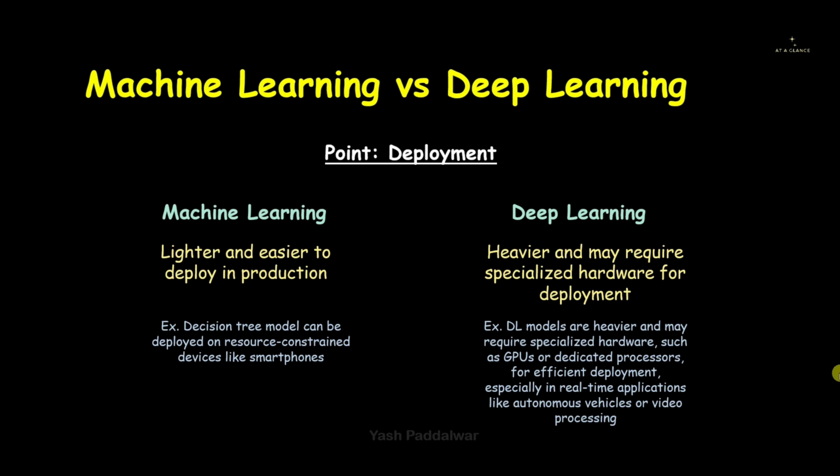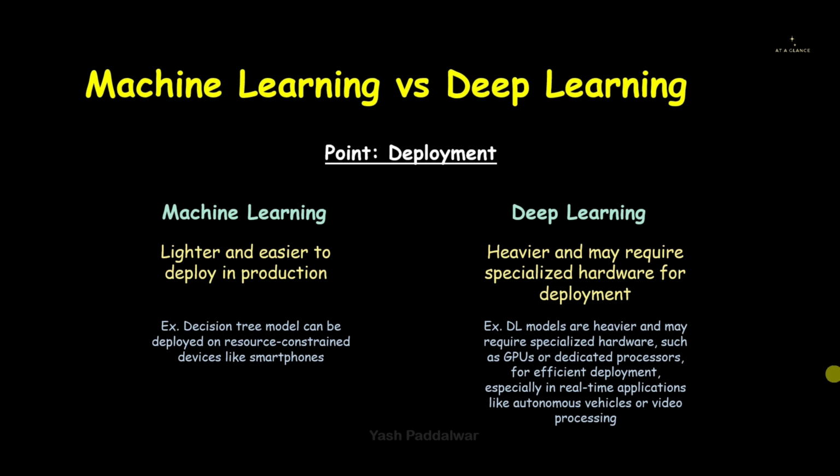So to achieve these complex tasks, it will also require large hardware support for deployment in a production environment. I hope this point of deployment and the difference between machine learning and deep learning is clear to you all.